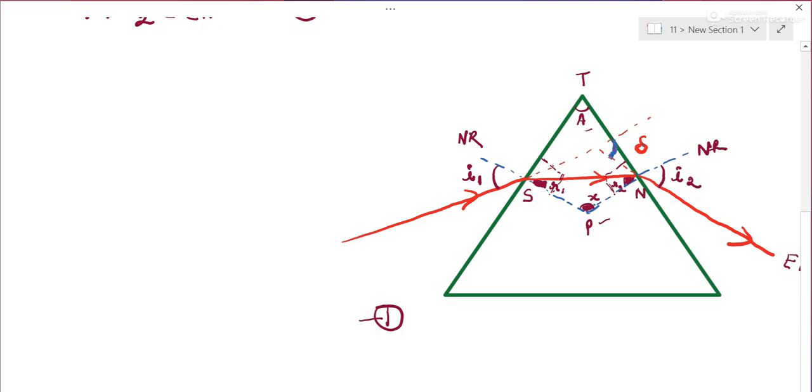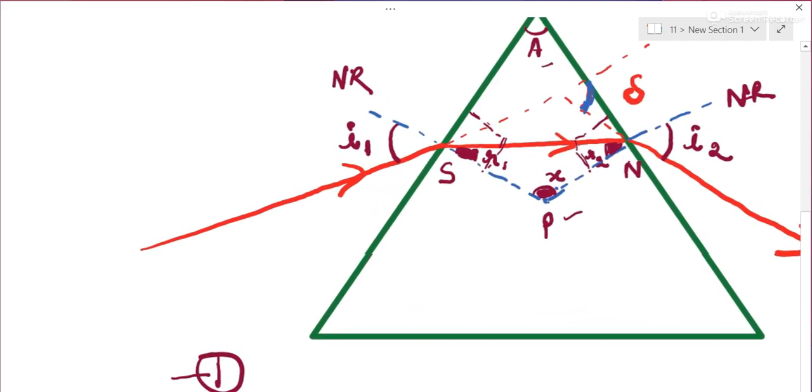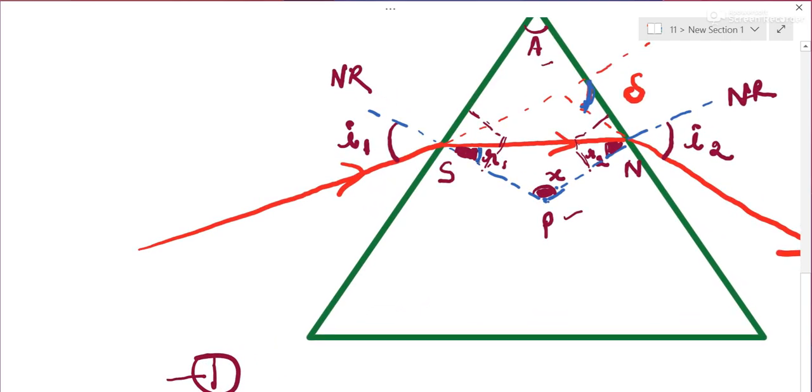You can see this much portion is R1. This full was I1. So the remaining angle here would be I1 minus R1. Let it be angle 1. Okay, so angle 1 would be I1 minus R1. Let us look here once again.